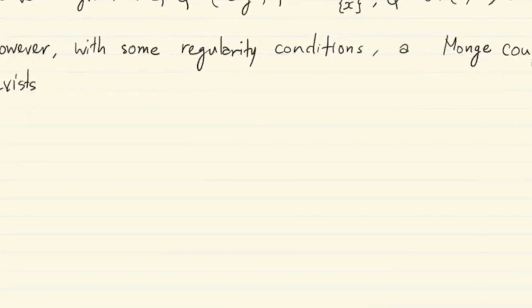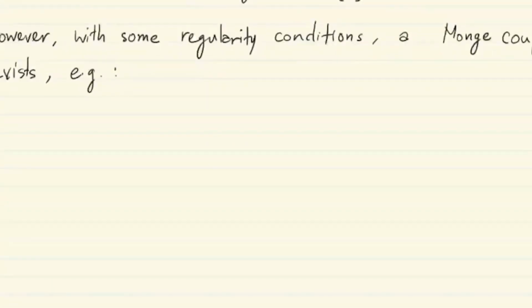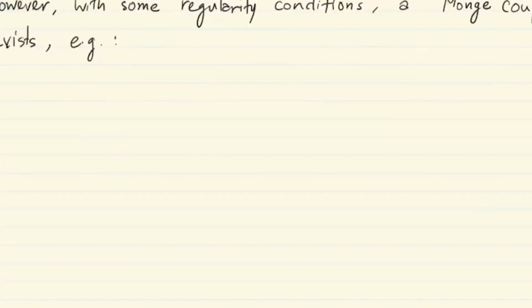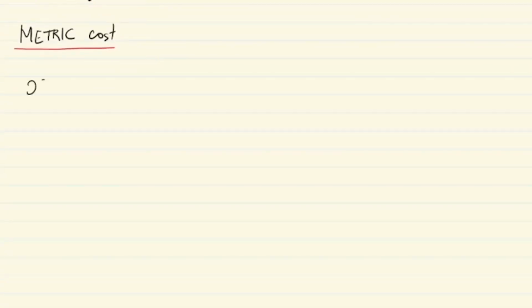So here is a set of regularity conditions as an example that makes this possible, and this is again a famous setting where we have a metric cost. So what do we mean by this? Let's suppose that the x and y domains are both, let's say, Rd.